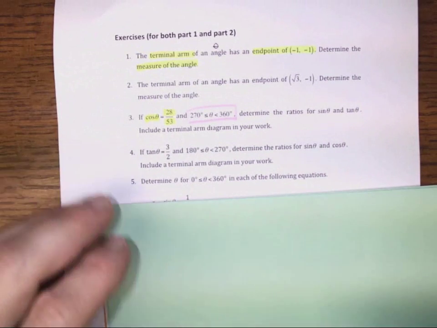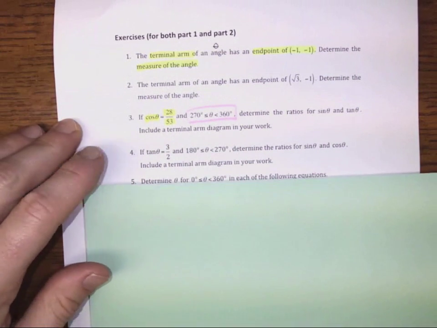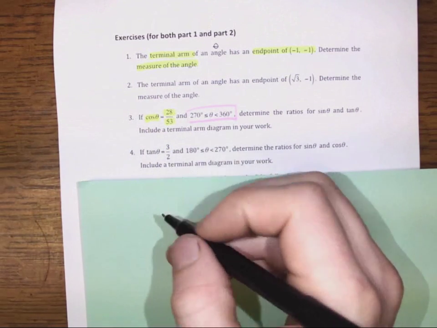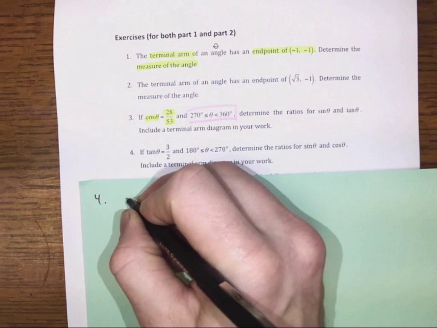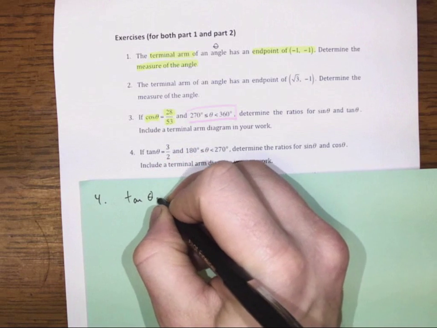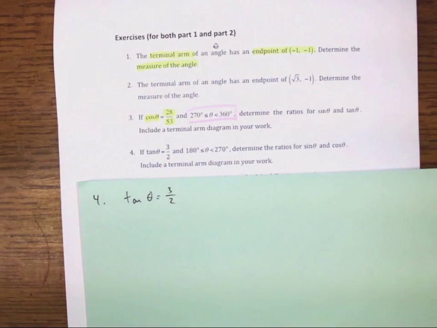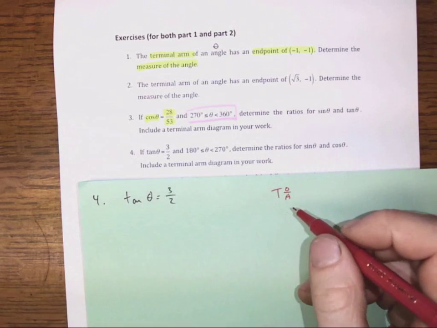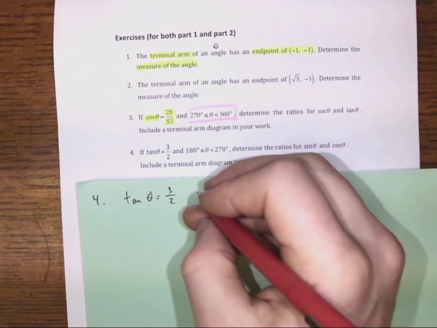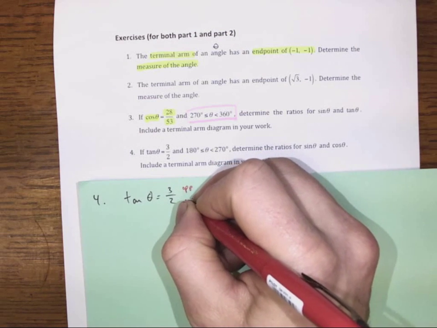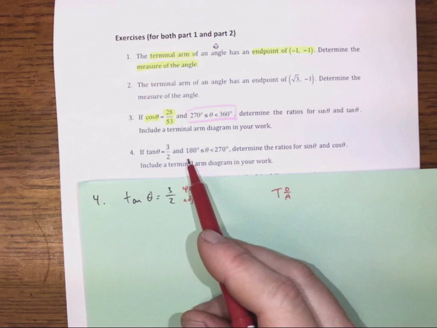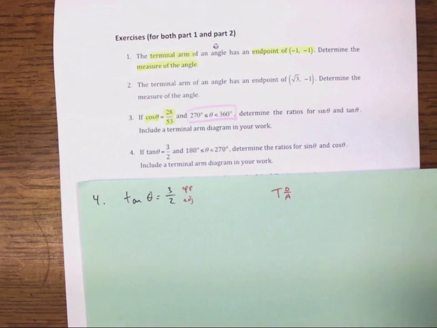All right. Question 4 is pretty similar in nature. It says, all right, we've got some ratio, tan theta equals 3/2, and tan is part of our TOA part of our acronym, which means opposite over adjacent. So that means this is an opposite, and that's an adjacent side. Okay. And we're also told the quadrant that we're in.